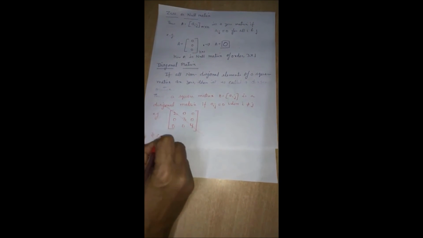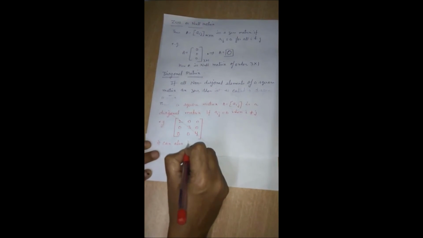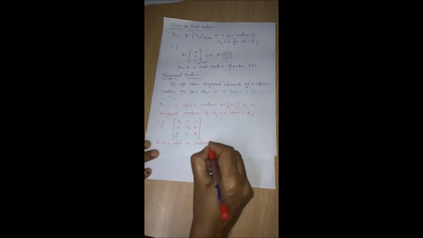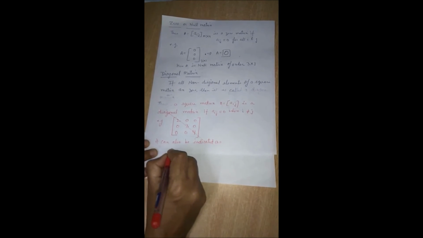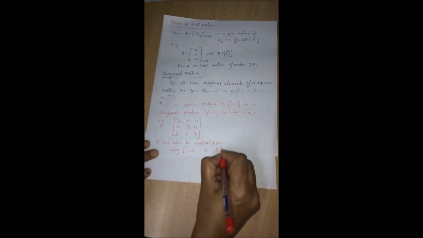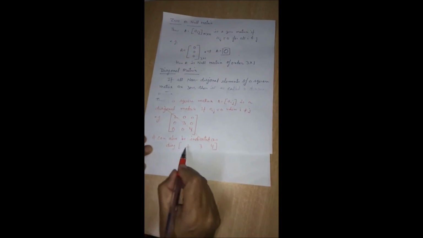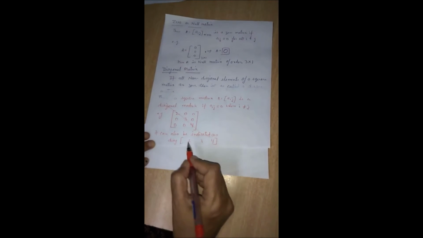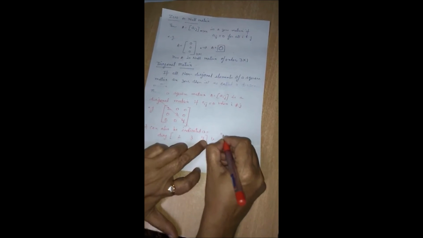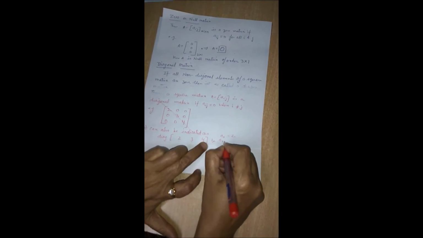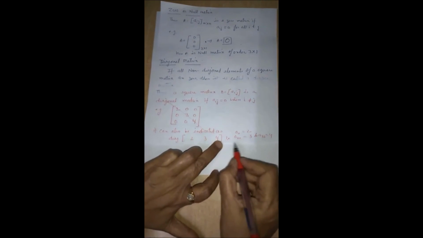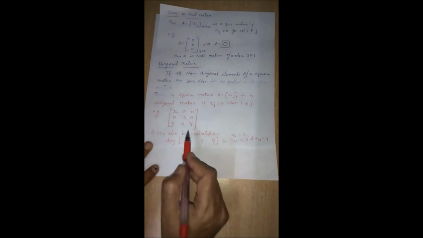It can also be indicated as diagonal 2 3 4, which means that all diagonal elements of the matrix are 2, 3 and 4. That means A11 is 2, A22 is 3 and A33 equals 4, whereas the rest of the elements are 0.